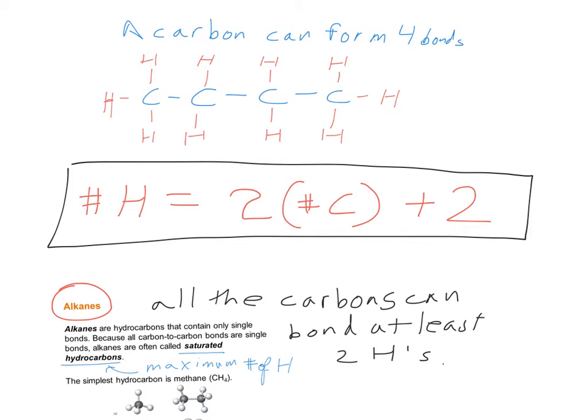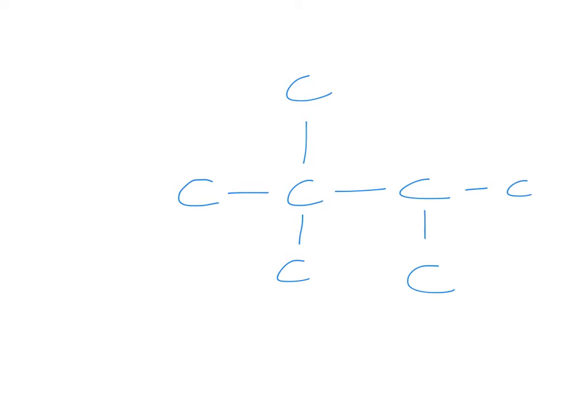This even holds true if your molecule has branches. Let's take a look. I'm going to branch out with my molecule here. All right, my molecule has developed some branches.